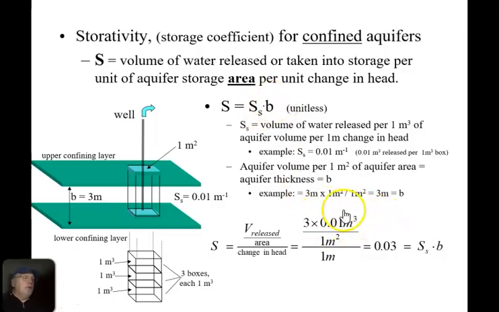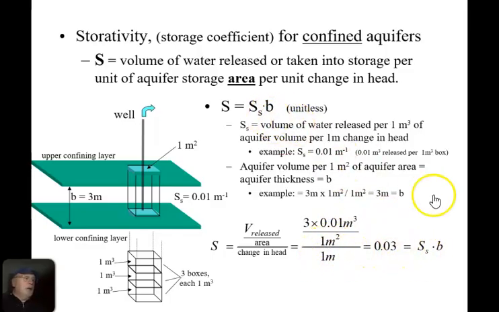So you have 0.01 meters cubed released from each box when we drop the head by 1 meter. You have 3 of those boxes, so the volume released is 3 times 0.01 divided by the area, which is 1 meter squared, divided by that 1 meter. We have a meter cubed on top, meter cubed on bottom, so it is 0.03.